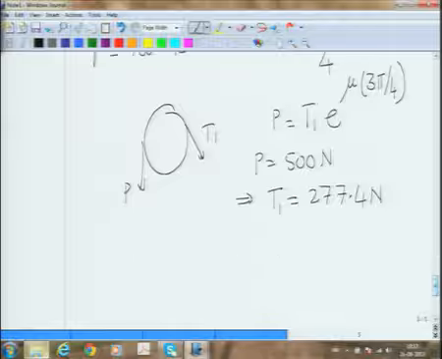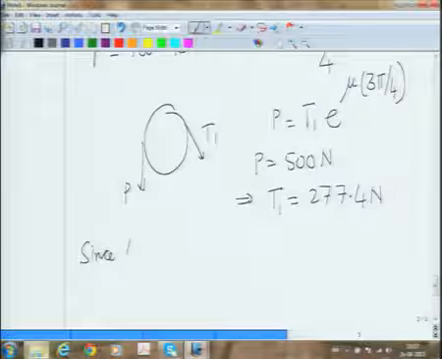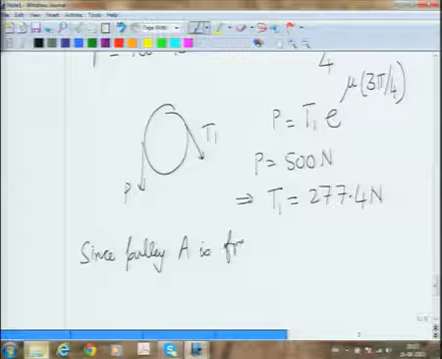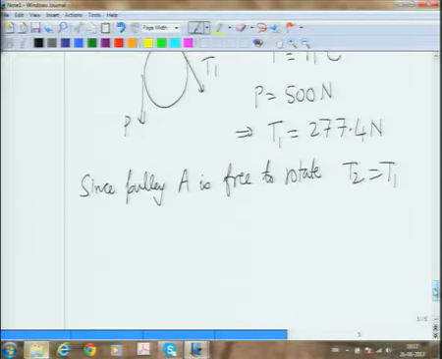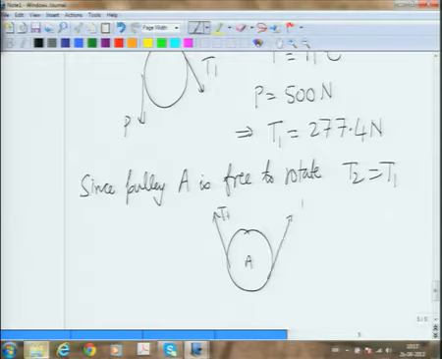Then I say, since pulley A is free to rotate, T2 is equal to T1. This is pulley A, this is T1, this is T2.